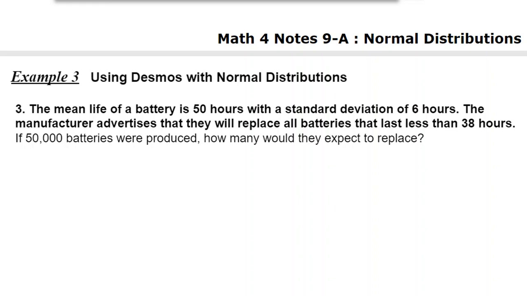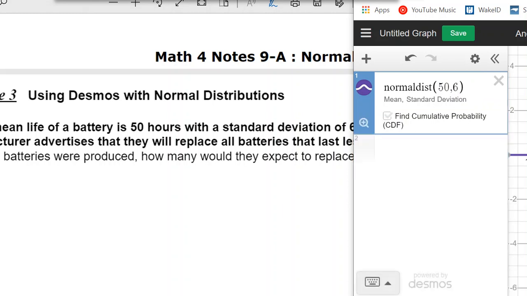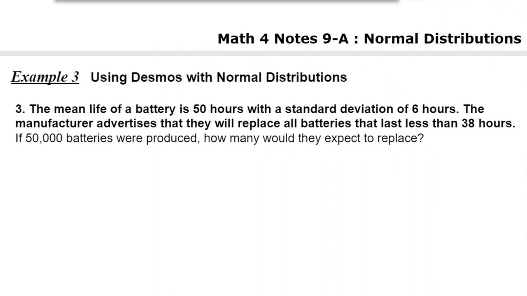So we have a mean of 50 and a standard deviation of 6. So we need to go back here. Mean of 50, standard deviation of 6. All right, now what we are looking for here is they will replace all batteries that last less than 38 hours.